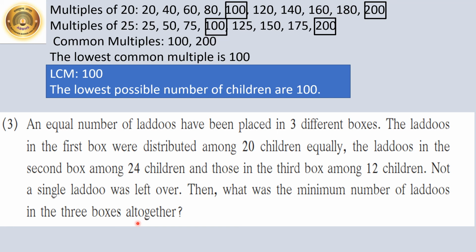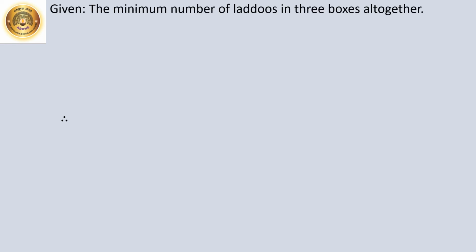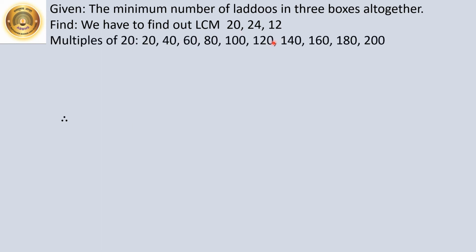So we have to find out the minimum number of laddus. So what is given? The minimum number of laddus in 3 boxes altogether. Fine. What to find out? We have to find out the LCM of 20, 24, 12.